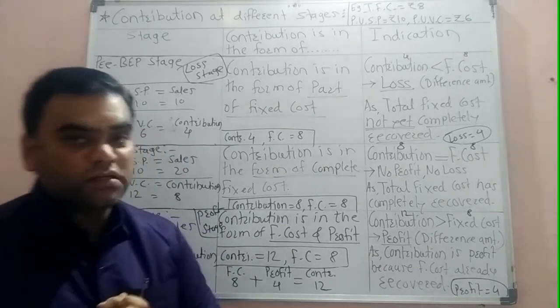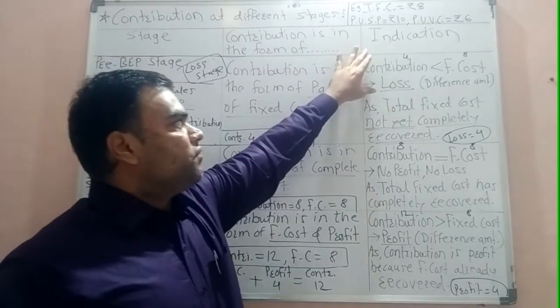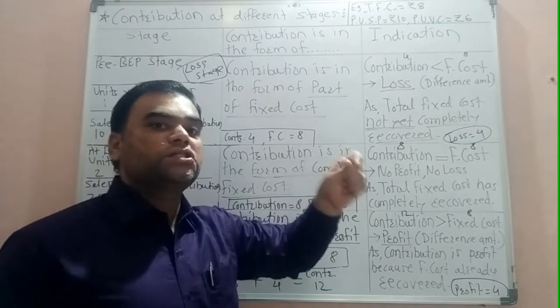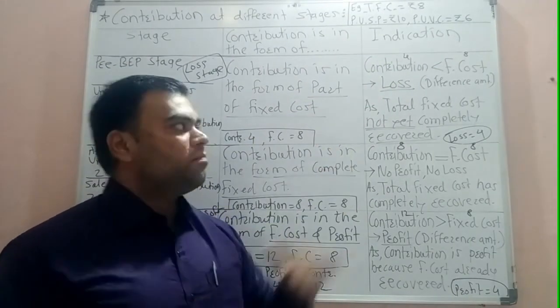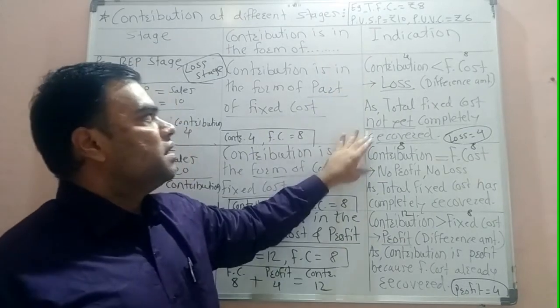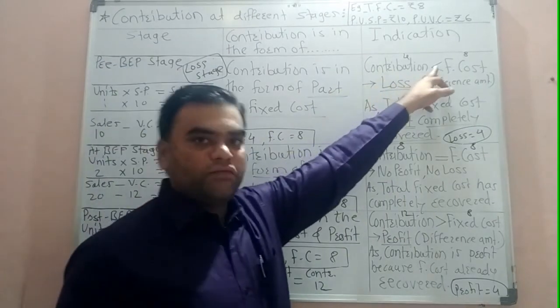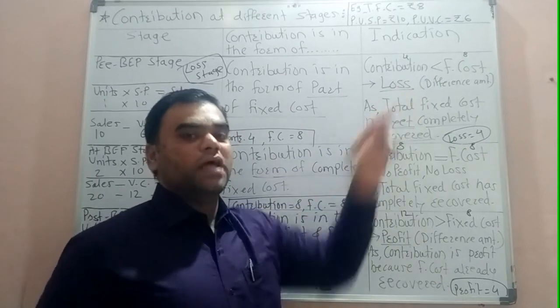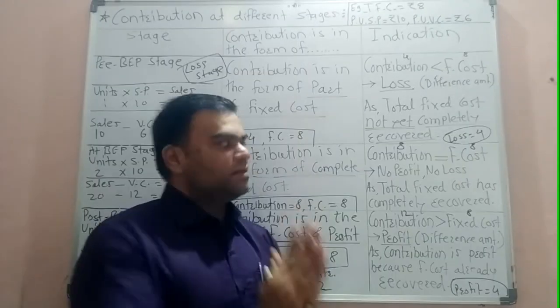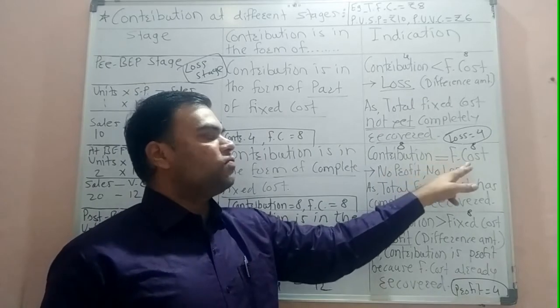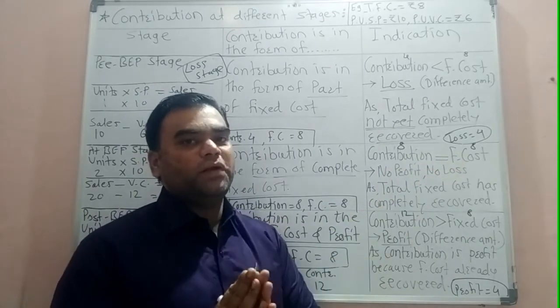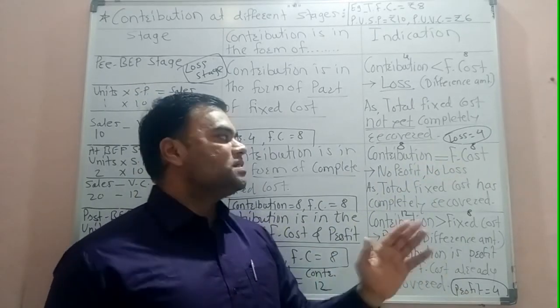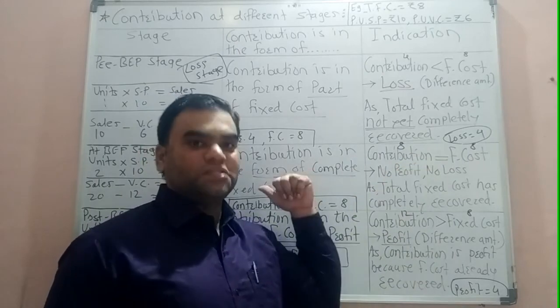So what we have discussed, we can identify at which stage we are now by using this equation. If contribution is smaller than fixed cost, there is a loss. When do we suffer loss? At pre-BEP stage. If our contribution is equal to fixed cost, means no profit, no loss. Now means we are at BEP stage.